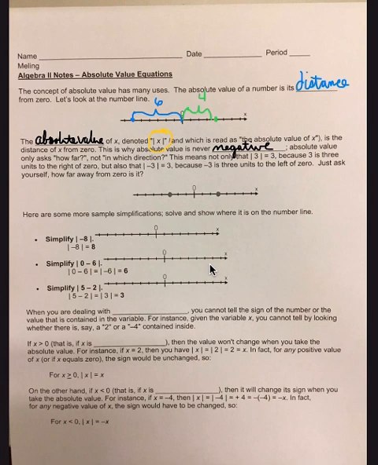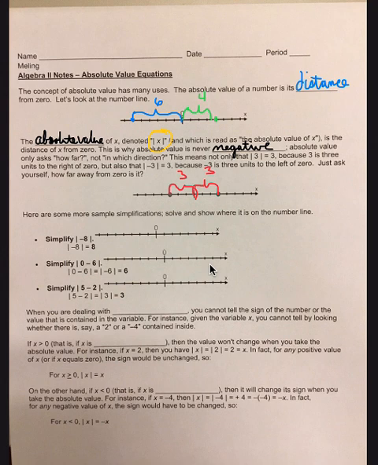This means not only that the absolute value of 3 equals 3, because 3 is 3 units to the right of 0, but also that the absolute value of -3 equals 3, because -3 is 3 units to the left of 0. Just ask yourself, how far away from 0 am I? So you can see here is 3, and here is 3. Sorry for my drawing, not great, but you get the idea.